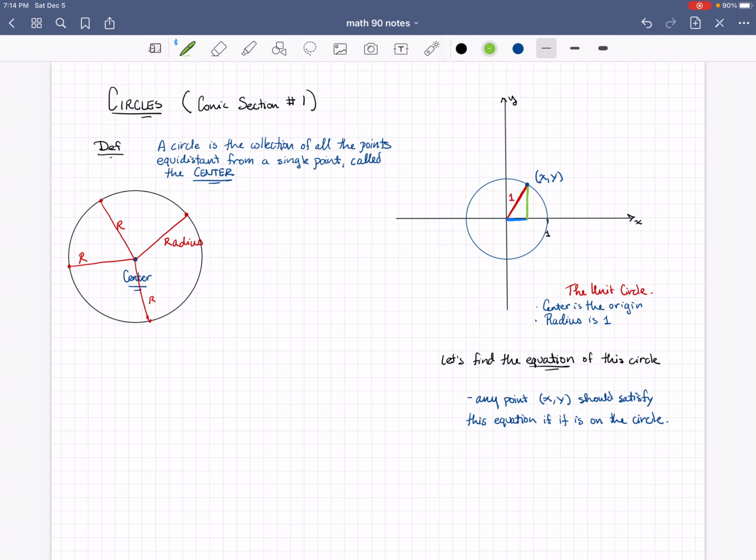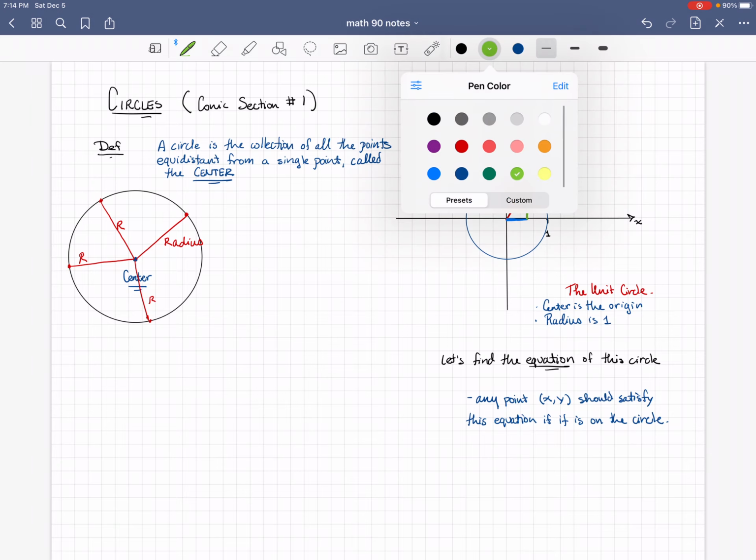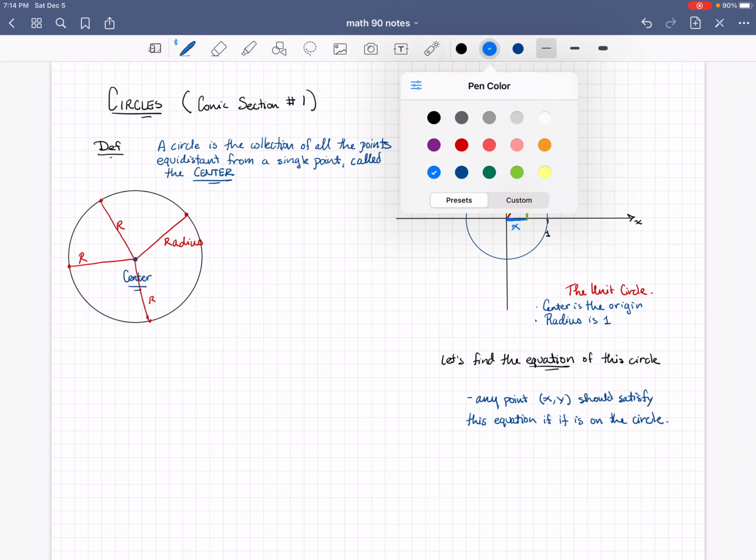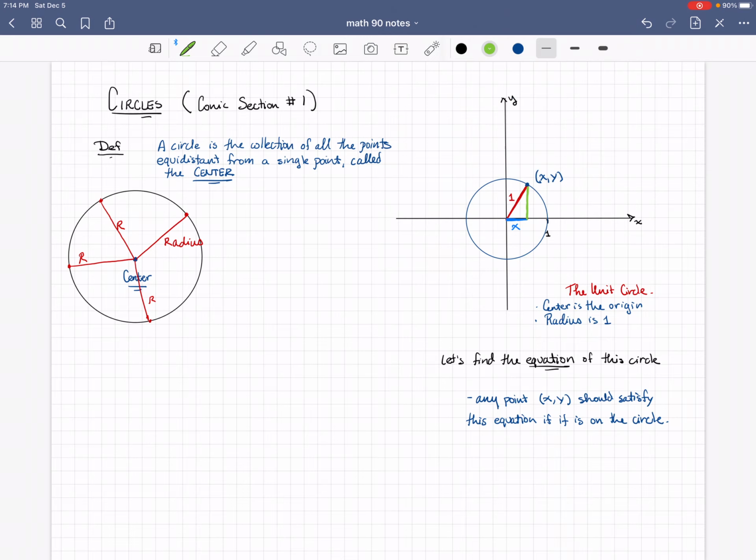What are the sides of this triangle? So what's the blue side? The blue side is x. It is the horizontal coordinate of that point. What about the green side? Right, so the green side is the vertical coordinate of our point, and so that's y.